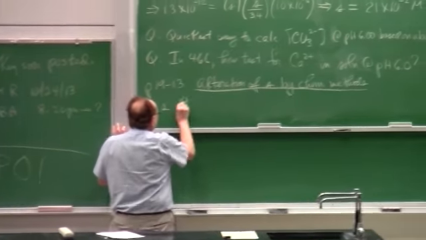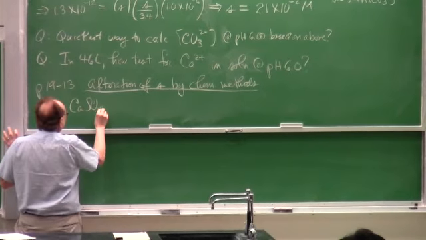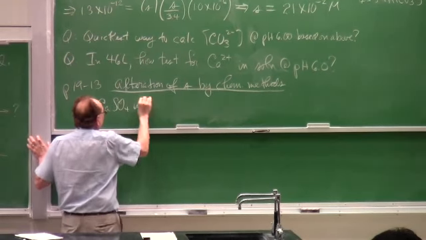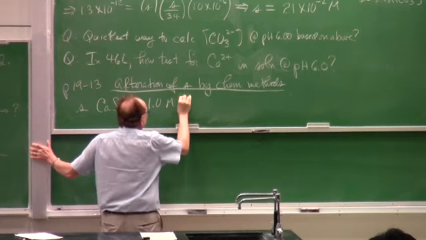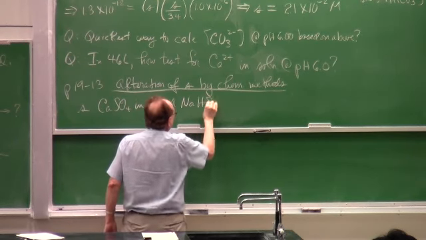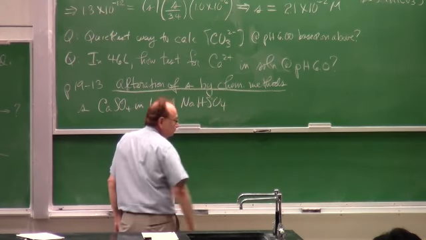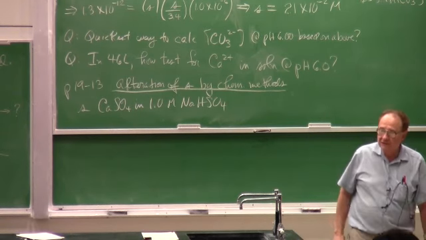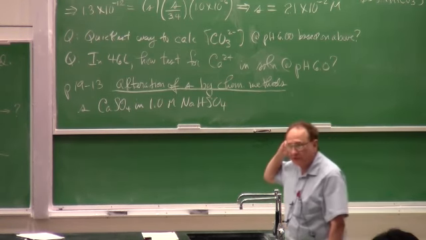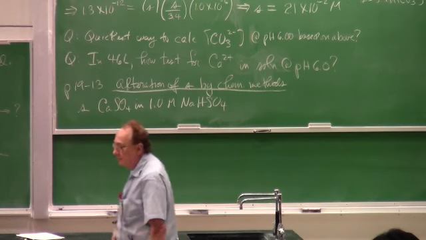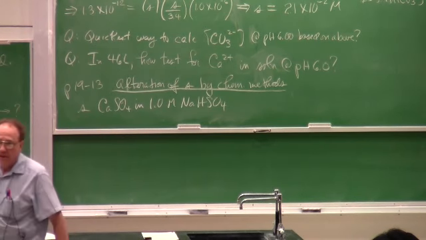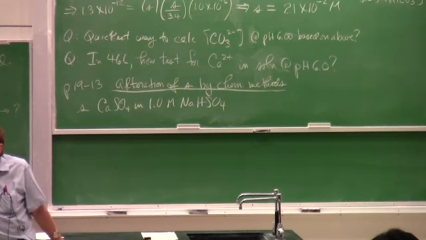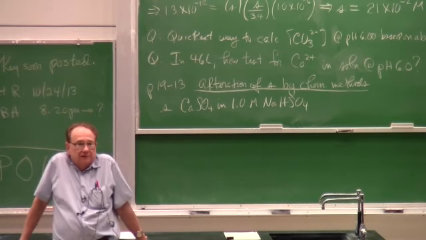S, calcium sulfate in 1.0 molar sodium hydrogen sulfate solution. You folks in laboratory have done investigations on the pH of sodium hydrogen sulfate solution. What did you find for the pH of 10th molar sodium hydrogen sulfate solution?